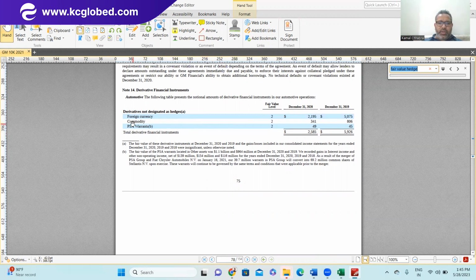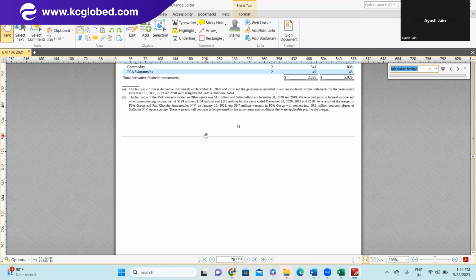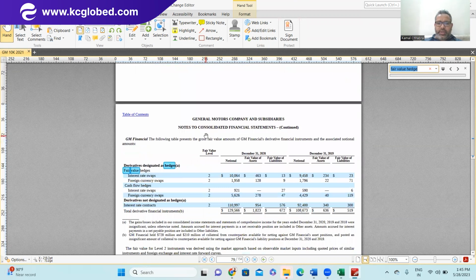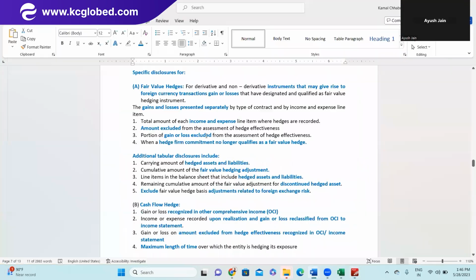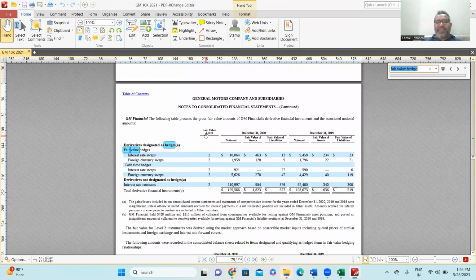How much is foreign currency, commodity, and then what is the hedging? Here it looks theoretical, but in the financial statement it will look like this.